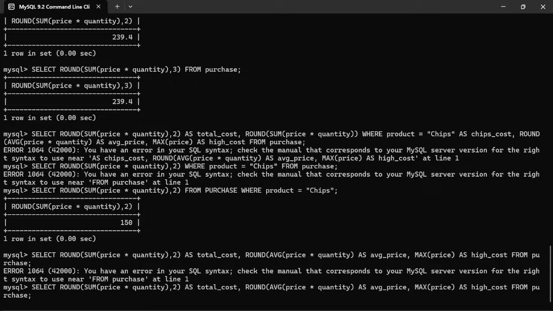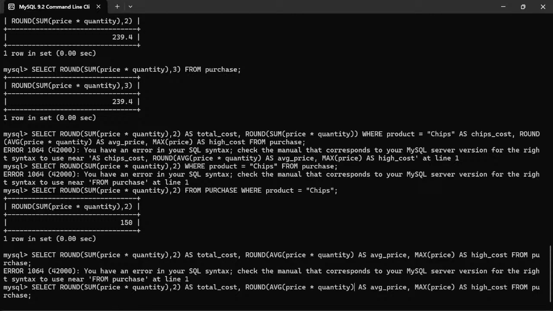I think it is not supported in this version, or maybe it is the latest version, not say of SQL. So no, I have written something wrong here.